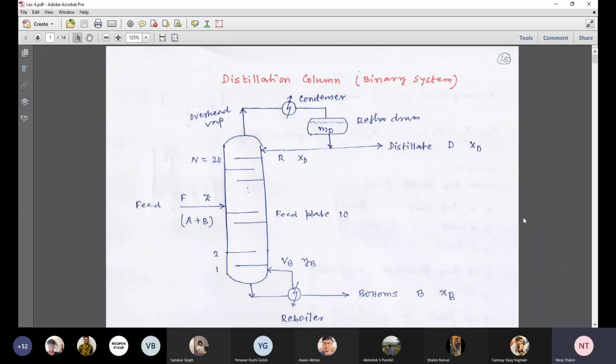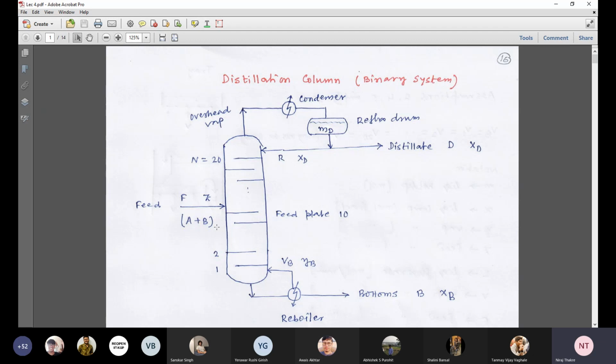Now let us consider the basic structure of a petroleum column. In a refinery, a large number of components are present in the crude oil, maybe 70 to 100 components. But to understand at this preliminary stage, we are considering only two components present in the feed.